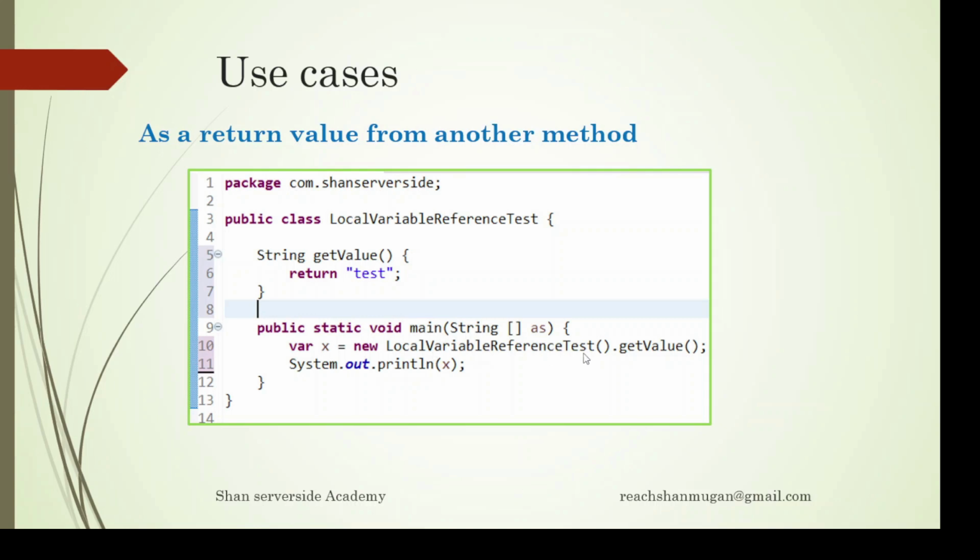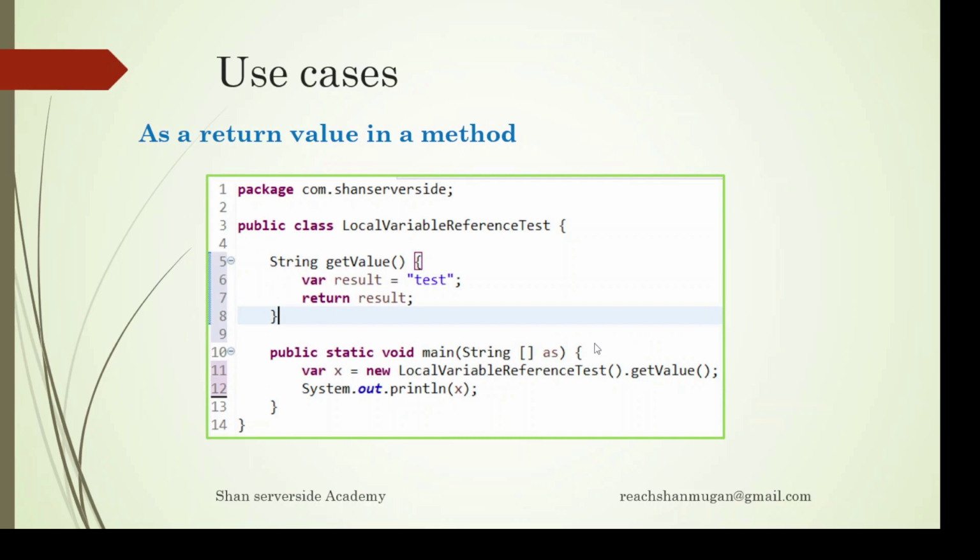Even though we call another method, you need not declare the data type as a string. You can mention it as var. It is still a local variable, and the compiler will know the return type of getValue, which is a string, and then it will be able to infer the data type of x. That is the mild difference, where you can also use it when you are getting that value from another method.